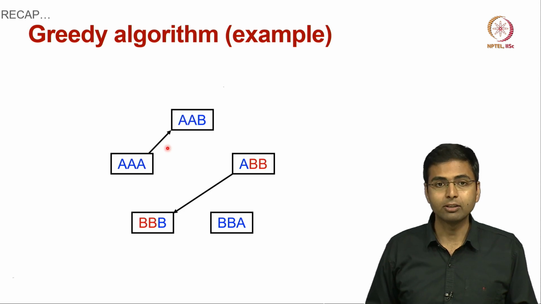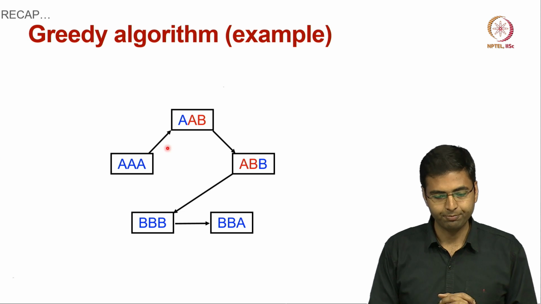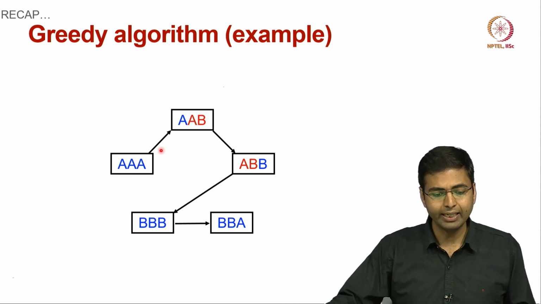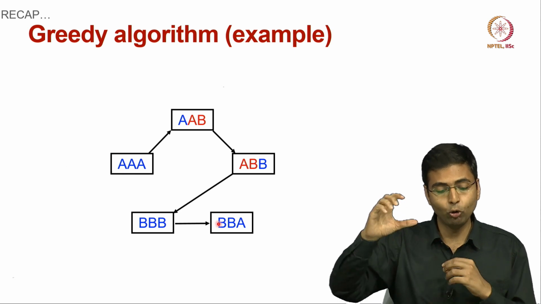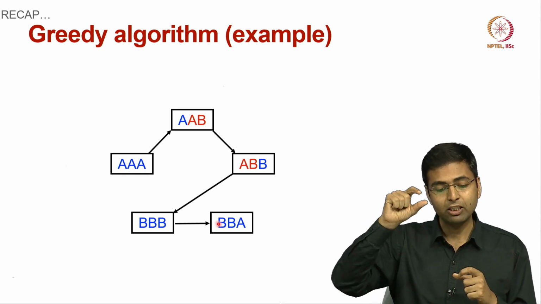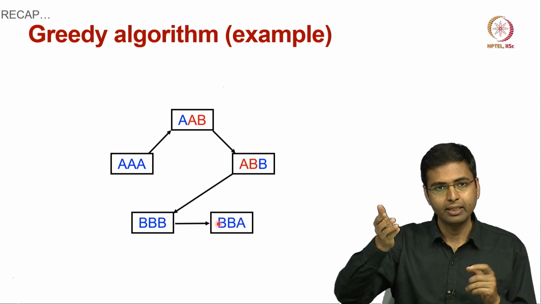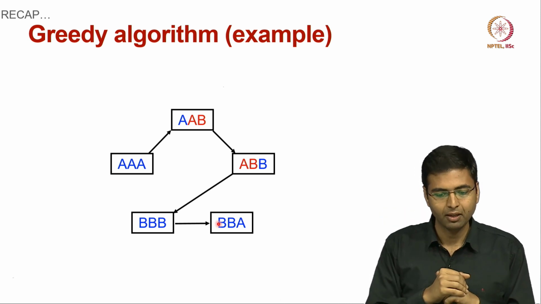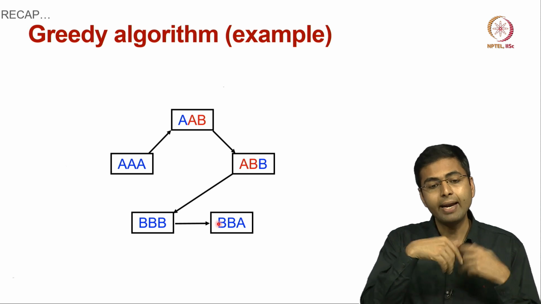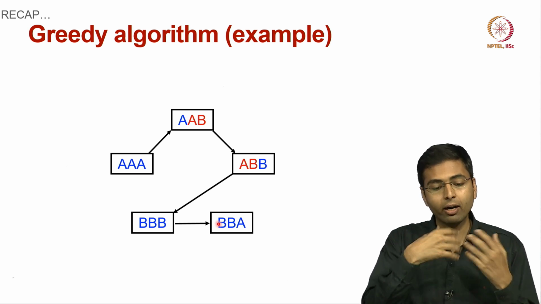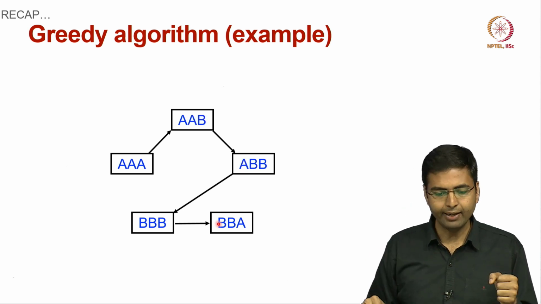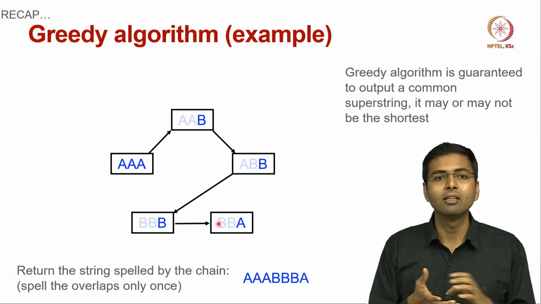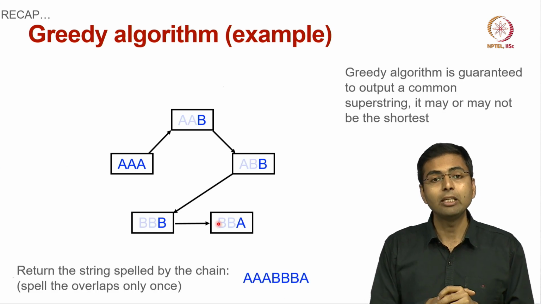It will continue this process until you have a single connected component, and when you have a single connected component it will always be in the form of a chain, because you are always looking for pairs of vertices in which the first vertex has no outgoing edge and the second vertex has no incoming edge. So you are always connecting such vertices, and as a result the output graph will be a chain.